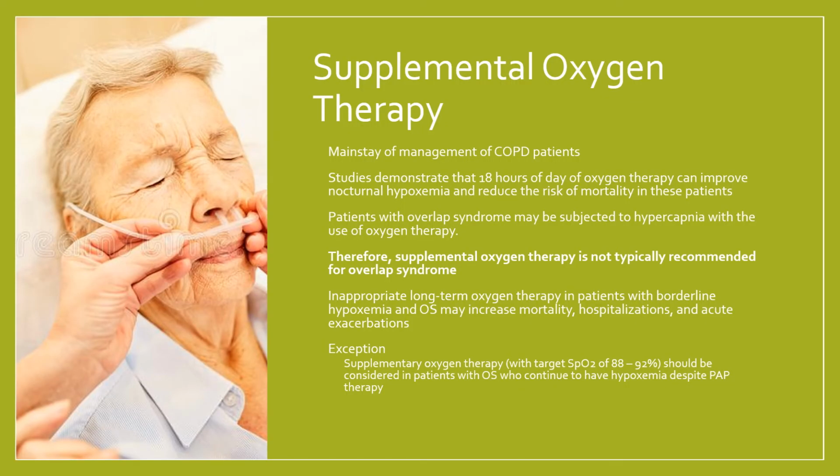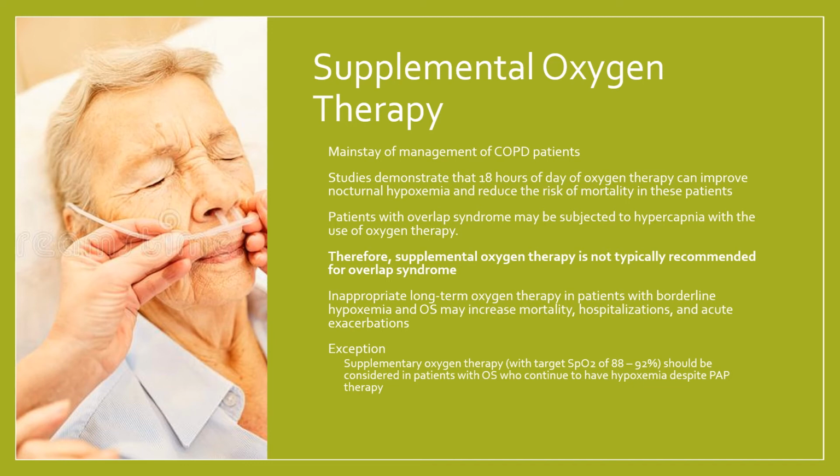In COPD patients who suffer from nocturnal hypoxemia, oxygen therapy is the cornerstone of their care. This is how you manage patients. Studies demonstrate that if a patient has COPD and poor oxygenation, 18 hours a day of oxygen therapy can improve nocturnal hypoxemia and reduce the risk of mortality in these patients.